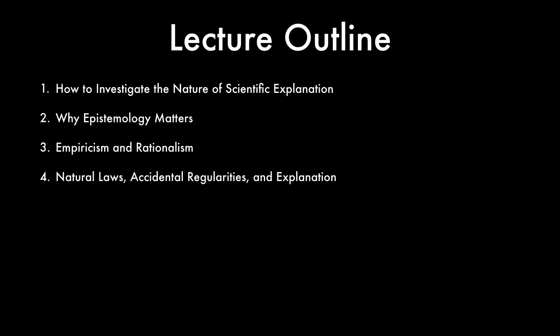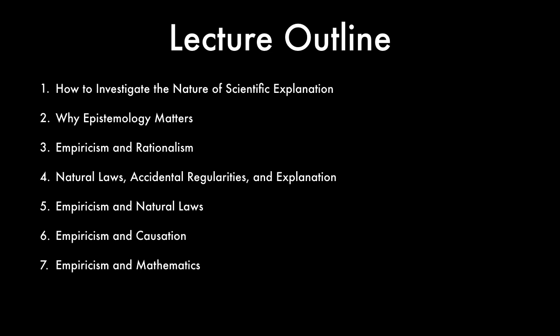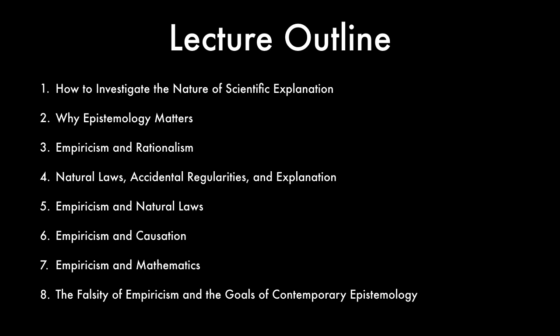Natural laws, accidental regularities, and explanation. 5. Empiricism and natural laws. 6. Empiricism and causation. 7. Empiricism and mathematics. And 8. The falsity of empiricism and the goals of contemporary epistemology.